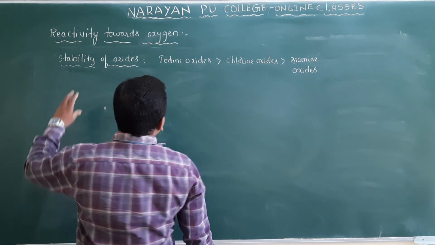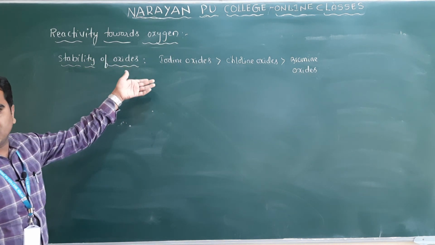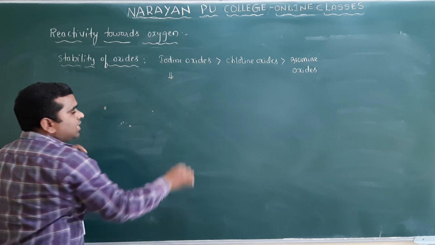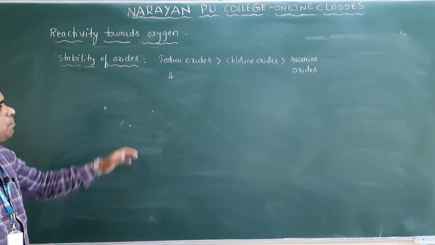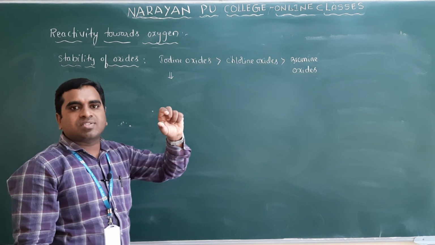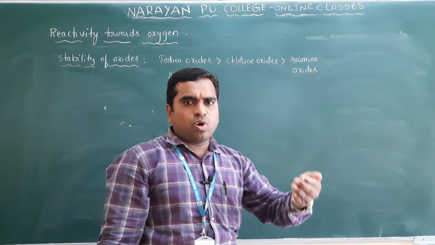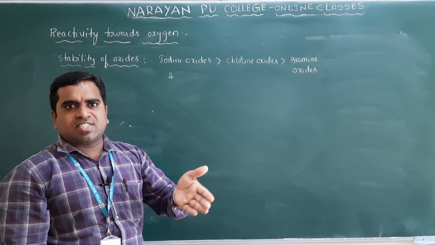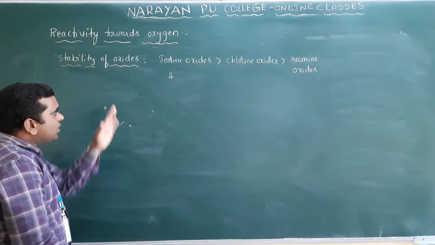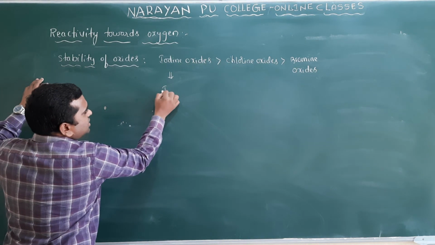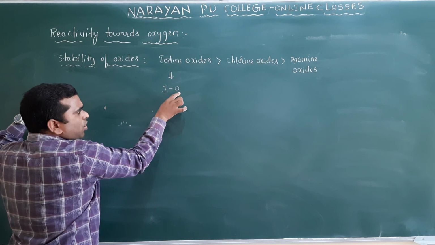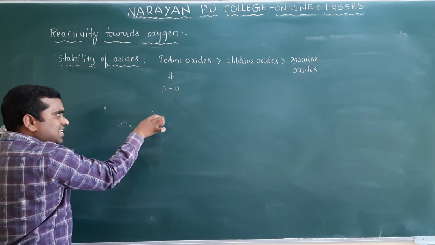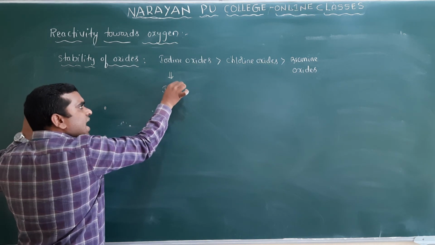So why are iodine oxides most stable? The reason is the high polarity between oxygen and iodine. Iodine is less electronegative, and oxygen is the second most electronegative element. So if I write the iodine-oxygen bond, oxygen is highly electronegative and iodine is less electronegative, so this bond is highly polar.